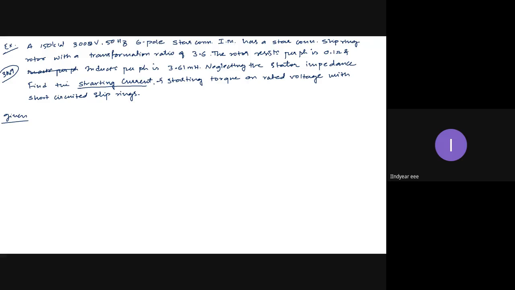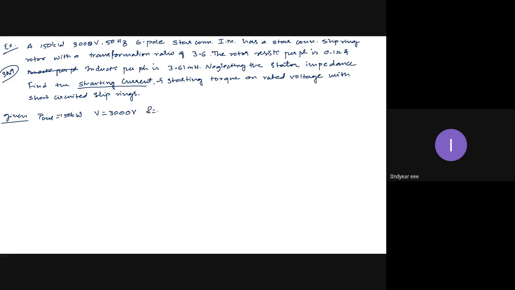Next. Here first I need to find what is X2. Given things, I will write first: P out is 150 kilowatts, which as of now we don't need, and V is 3000 volts, obviously line voltage.